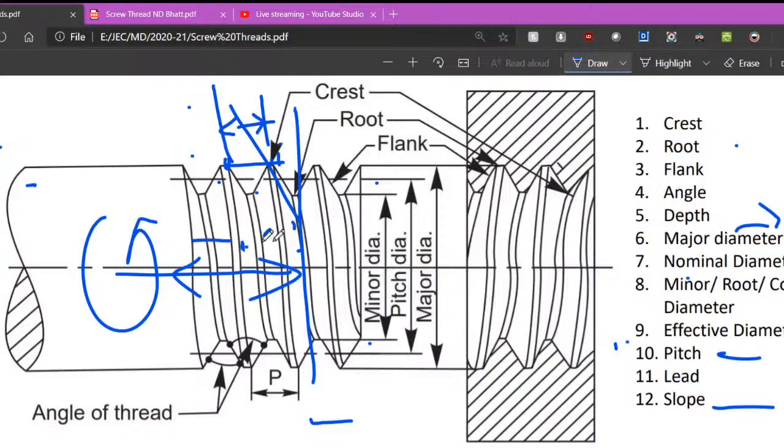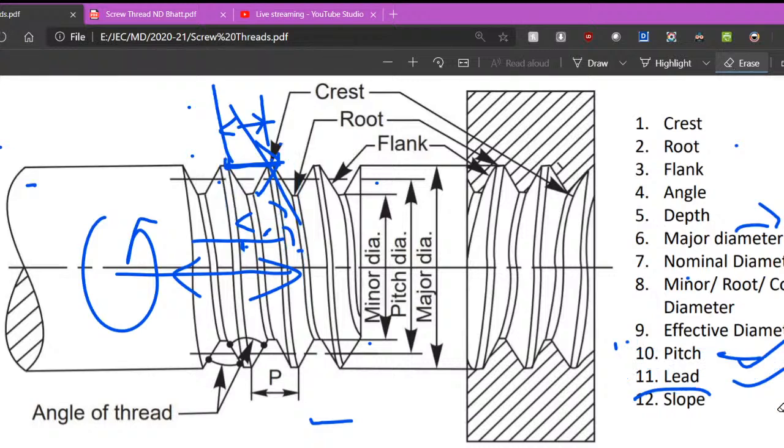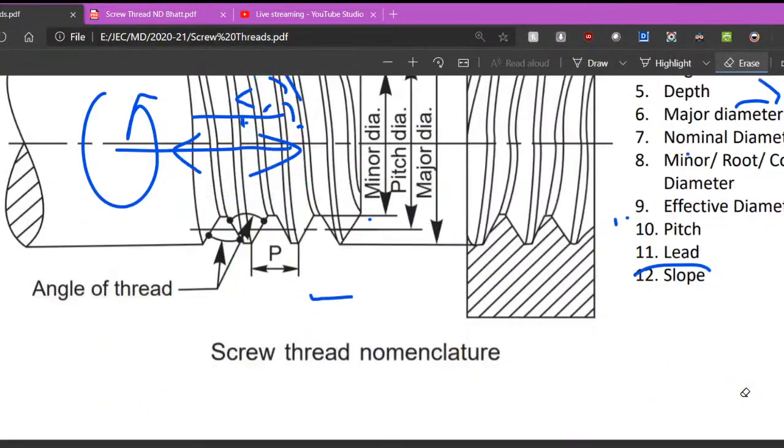If it is going in the forward direction, then one complete rotation gives that movement. In that case pitch equals lead; pitch and lead become equal. Okay, so I am moving to the next.